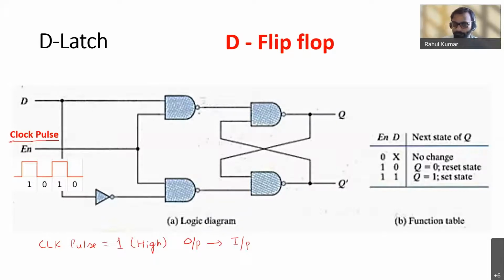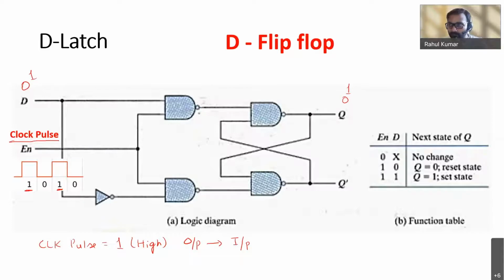Yeah. So whenever your clock pulse is 1, if you have a 0, the output will become 0. And maybe at the next clock pulse, if it is 1, it will change to 1.